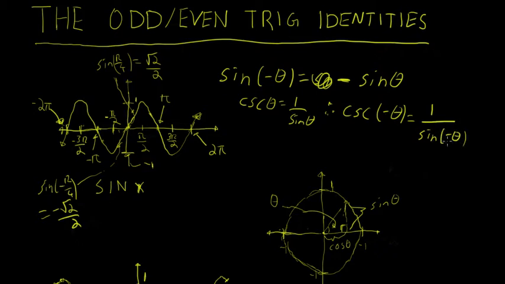Here, negative theta is just another theta. So think of this as x. Whatever's in here, we're saying the cosecant of whatever's in here is 1 over the sine of whatever's in here. And whatever's in here is negative theta in this case.